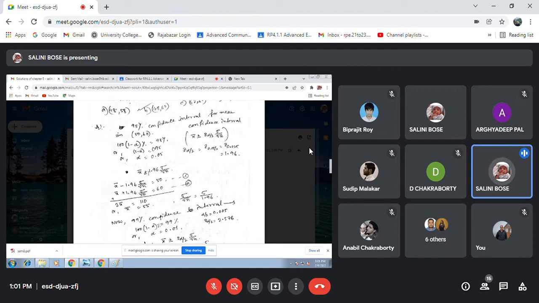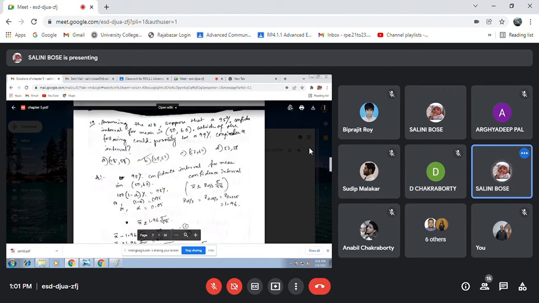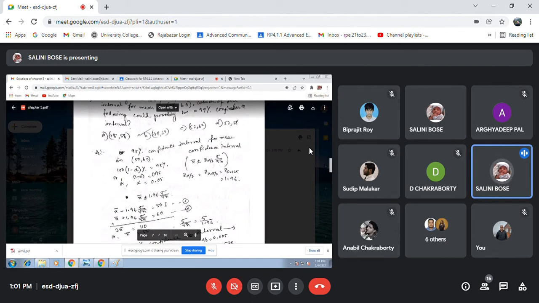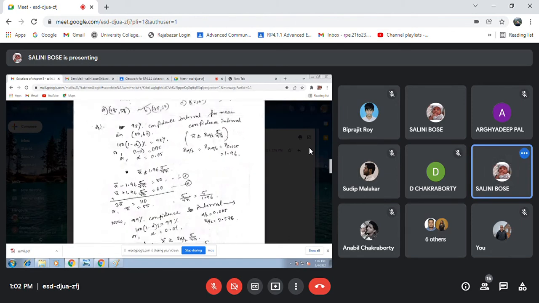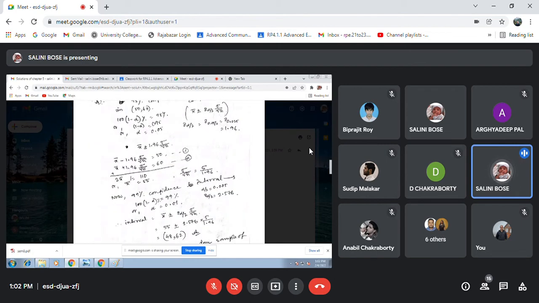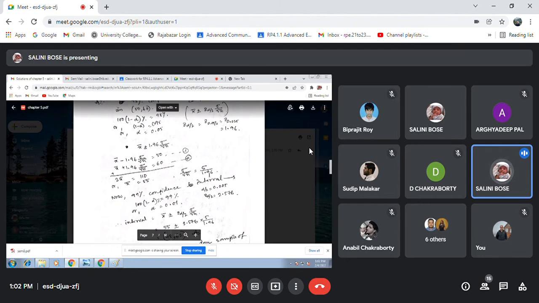If we take the minus, then X bar minus this is the lower limit. The lower limit is given as 50, so I have written 50. Next one is X bar plus 1.96 sigma by root n, that is 60, the upper limit. By solving these two equations, we can get X bar and sigma by root n. This total factor we can find.